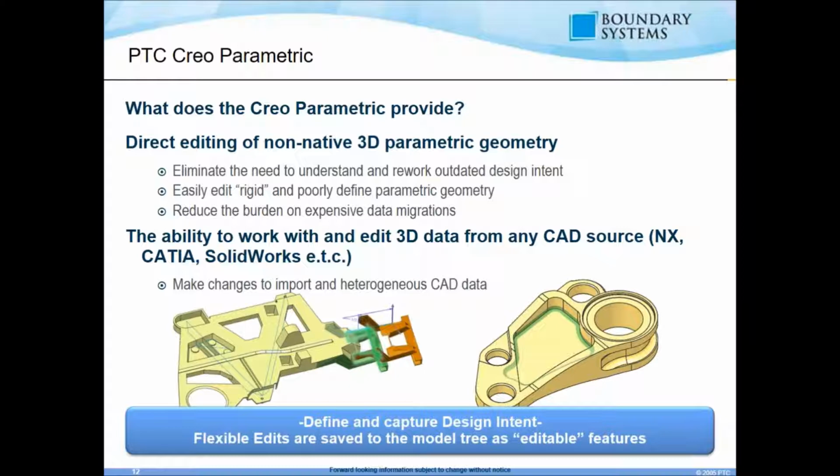You can get CAD data from customers, suppliers, vendors in CATIA, NX, SolidWorks formats, and there's no hesitation about being able to open it and make sure that the model comes in cleanly and correctly, and then also be able to potentially modify it for whatever your purposes are, right?